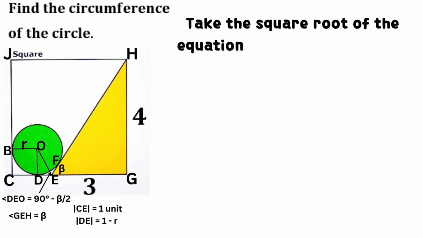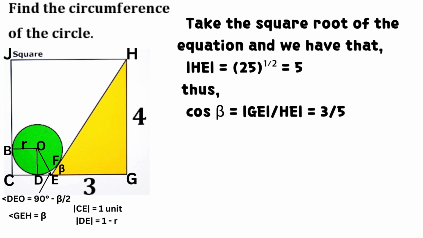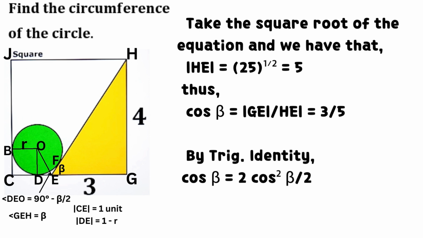Take the square root of the equation and we have that HE equals the square root of 25, which equals 5. Thus, cosine beta equals GE divided by HE, which equals 3 divided by 5.